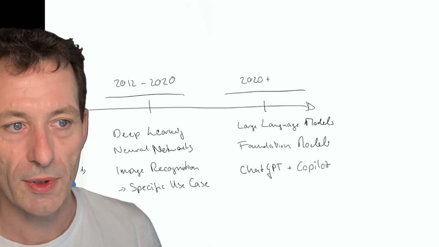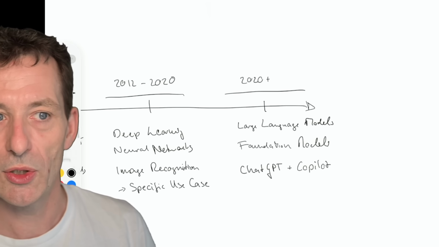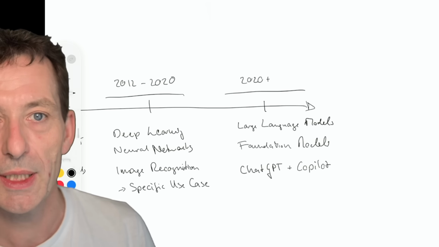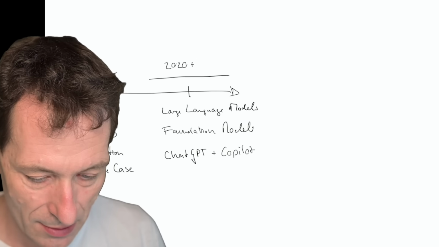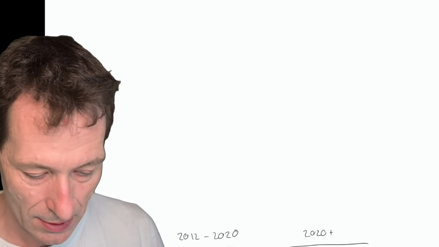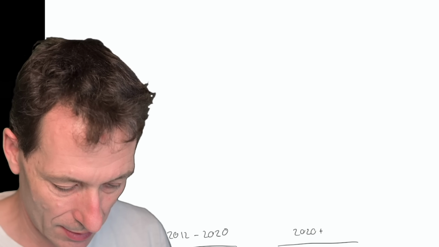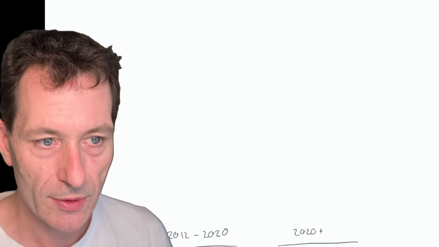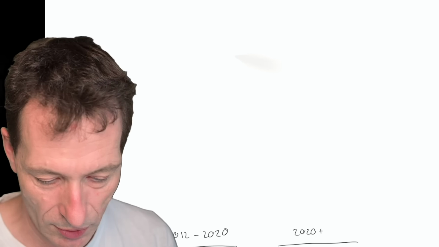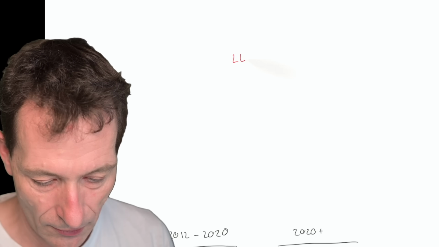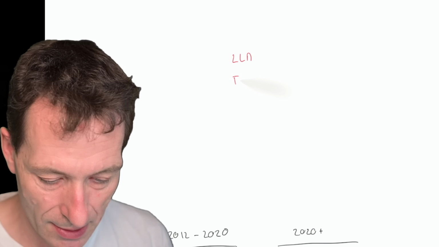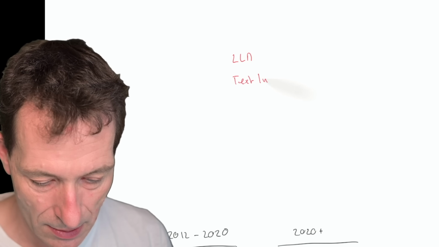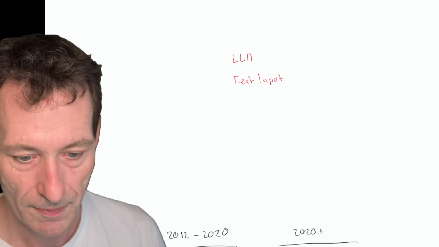So what's the difference between machine learning and deep learning and large language models? So let's draw that, right? Let's do it here. I think that's nice. Let's take a different color. So we can start with large language models. I assume you are all familiar with large language models. With large language models, you have a text input, which is your prompt.